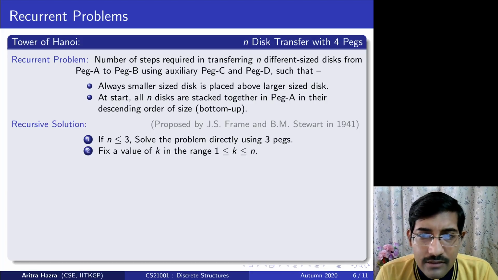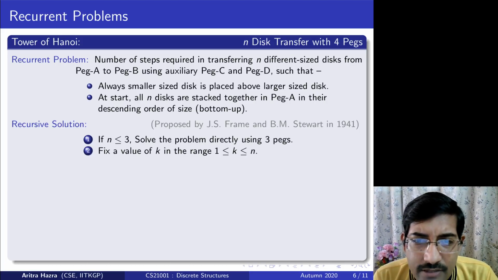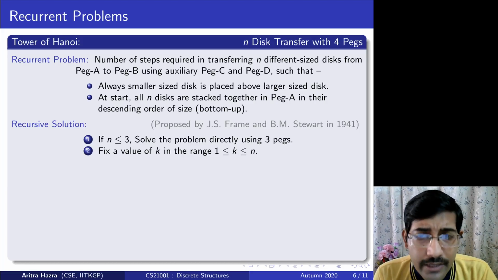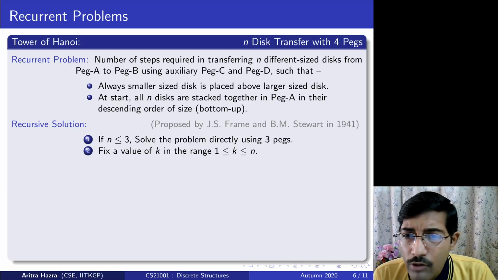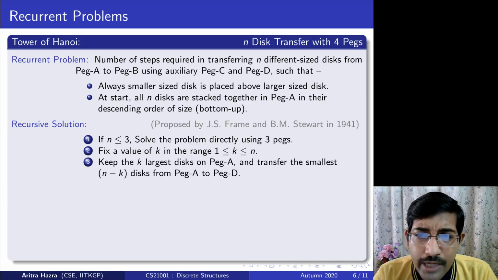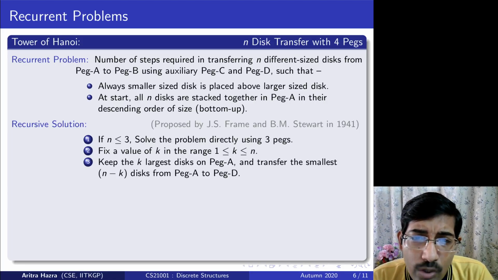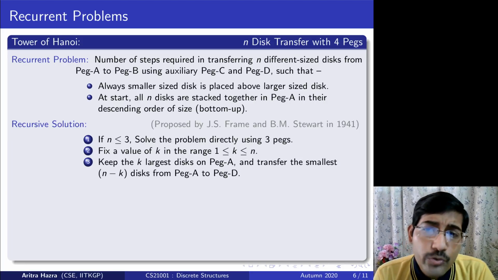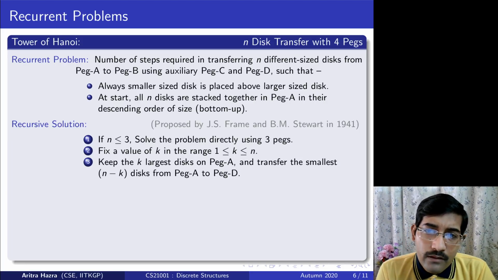Otherwise, the concept that I was telling, that I will fix a value of k, and which is better and all that we will try to justify in a minute. I will try to fix a value of k which is between 1 and n. And I will try to keep the k largest disks on peg A and transfer the smallest n minus k disks from peg A to D. Okay.